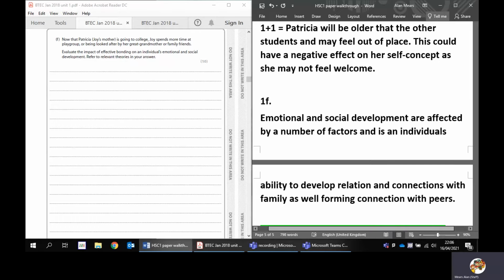So we've defined what emotional and social development are. So what we need to think about now is the effect of this.